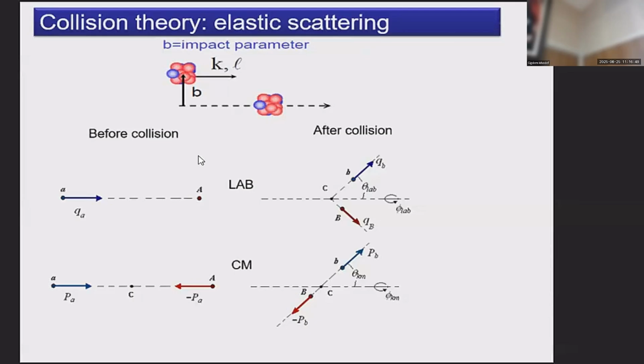Therefore, here and here, we put detectors, and we count the number of particles, we calculate the cross-section, and we plot the angular distribution or excitation functions. Okay, this is the lab system. But we never solve this in theory in the lab system.